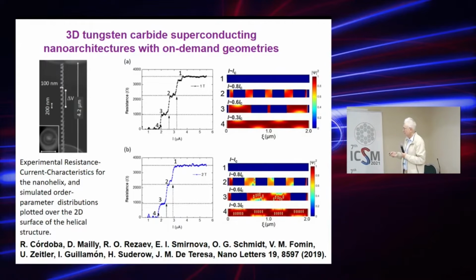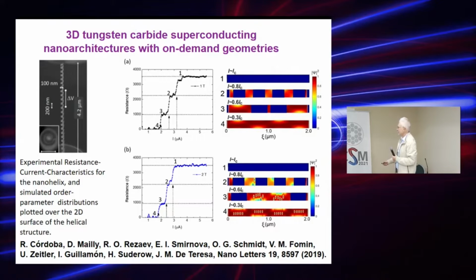Therefore, these blue regions are practically normal conducting. As soon as they are normal conducting, they contribute to the measured voltage and correspondingly to the measured resistance. And this corresponds to regime number 3. It's already some resistance, 1 kilo ohm.